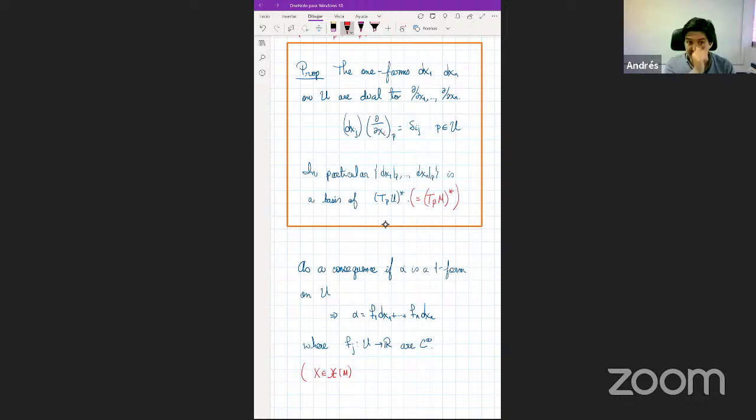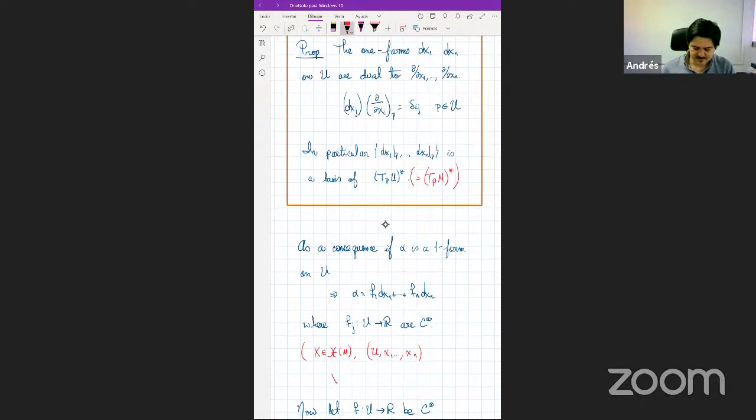If I have a vector field here, and then when I take a chart, the vector field at a point looks like this.